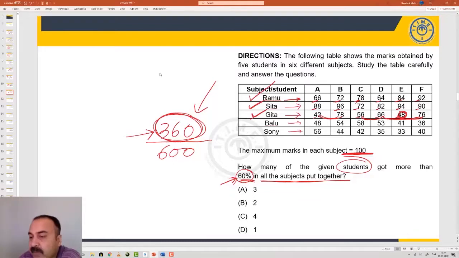What about Balu? 40, 50, 90, 90, 50, 140, 140 and 50, 190, 190 and 40, 230, 230 and 30, 260. 260 to reach 360. Will the units digit ever go that far? No. Why? There are 6 numbers and there are 6 units digits. 8, 4, 8, 3, 1, 6.